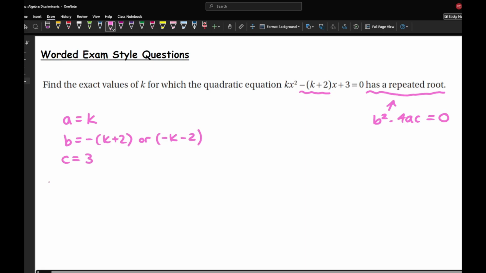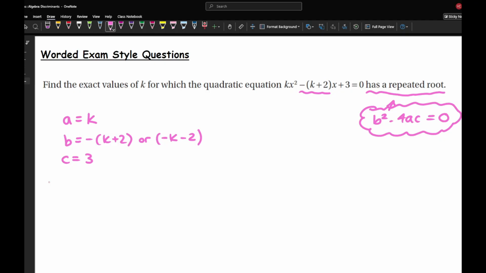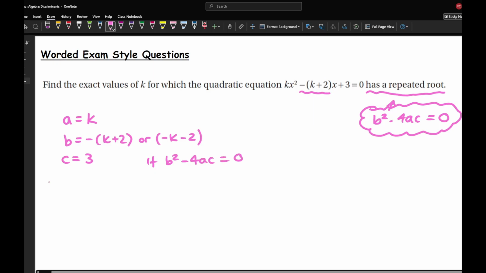So then substituting this into the discriminant, which I now know has got to equal 0 because I know it's got one repeated root. So here what I have then is if b squared minus 4ac is equal to 0, then what we're going to end up with is (minus k minus 2) squared minus 4 times k times 3 equals 0.